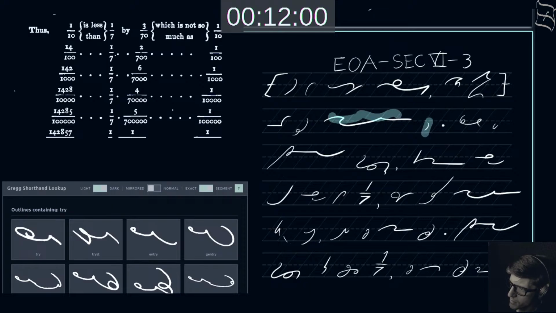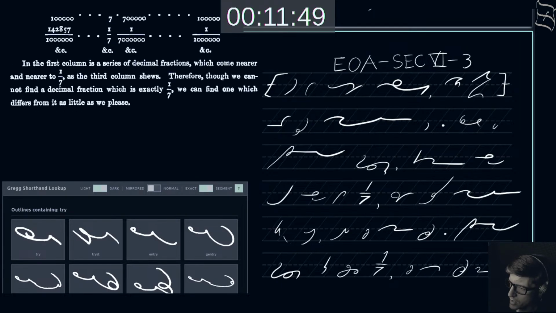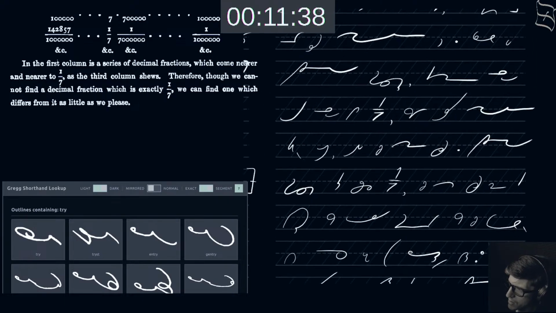In the first column is a series of decimal fractions which come nearer and nearer to 1 over 7, as the third column shows.